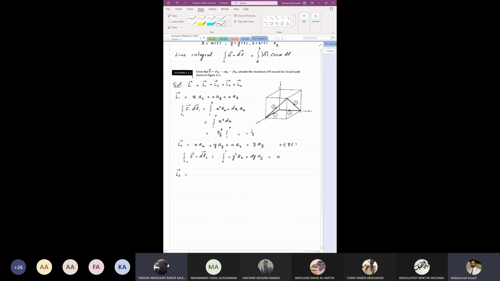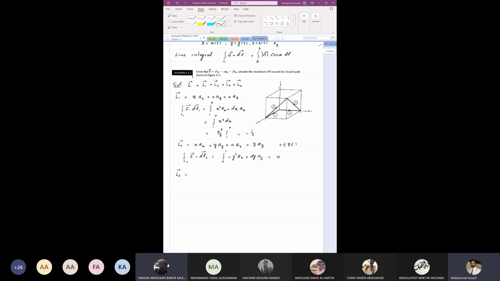So we have 0 ax and 0 plus ay. On L2, line 2, x is 0, z is 0.